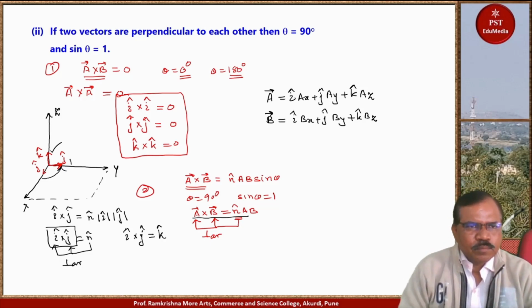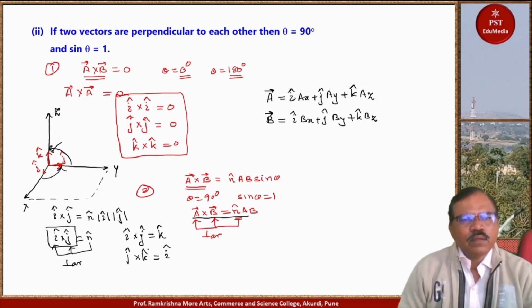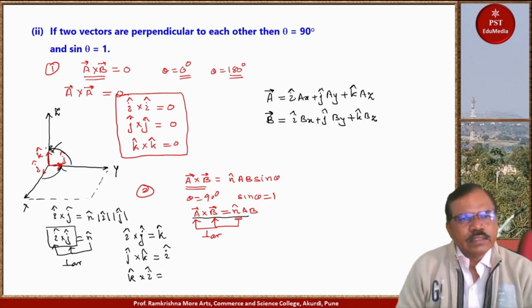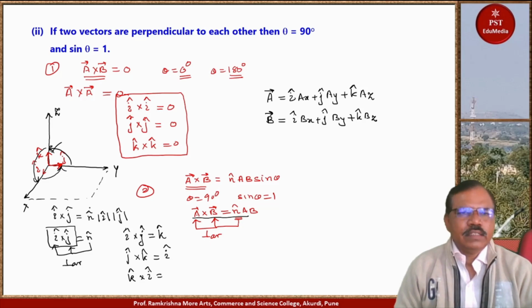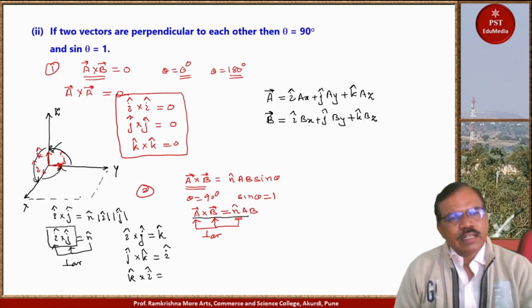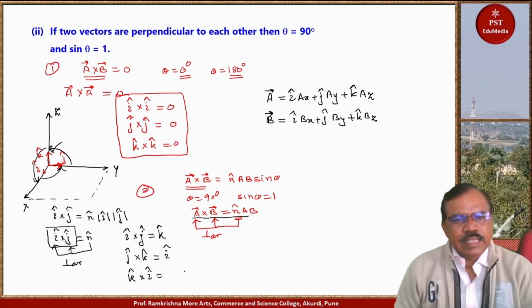Then we can go from J to k. So you can take J cross k, which is the third, perpendicular to the yz plane. Then you can take k cross I. We'll go like this, like this, so it is in the xy plane, and the vector perpendicular to it is the unit vector j.